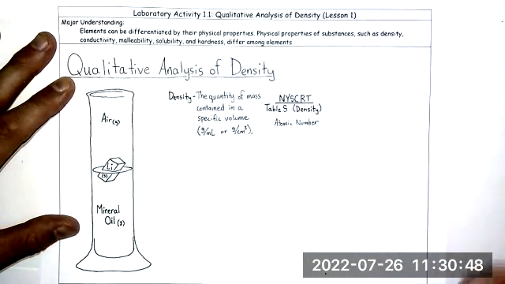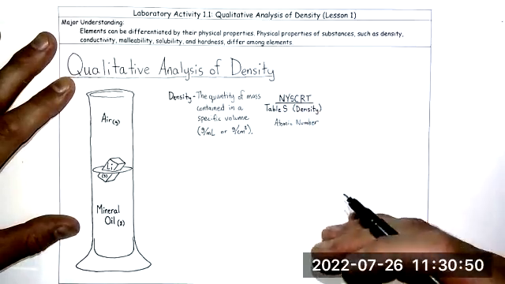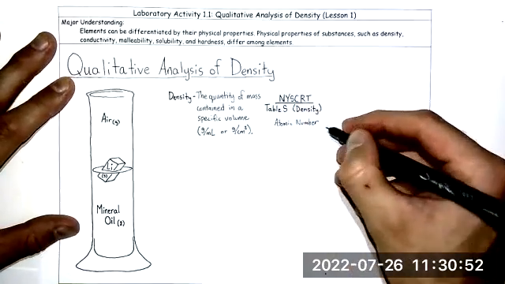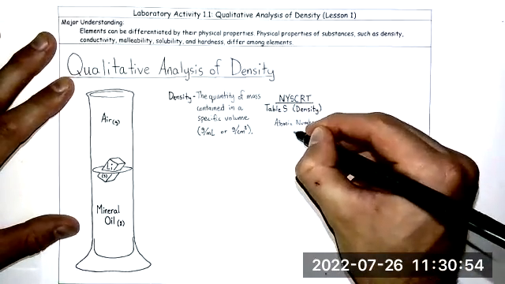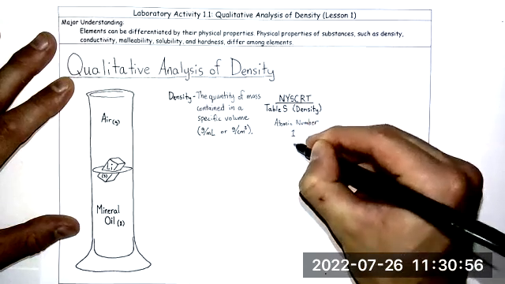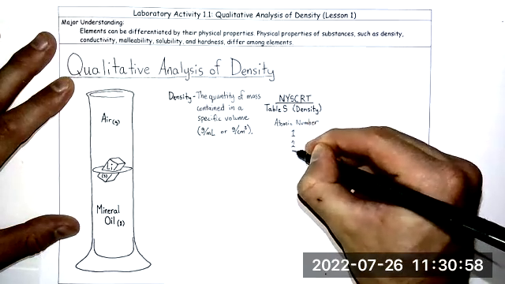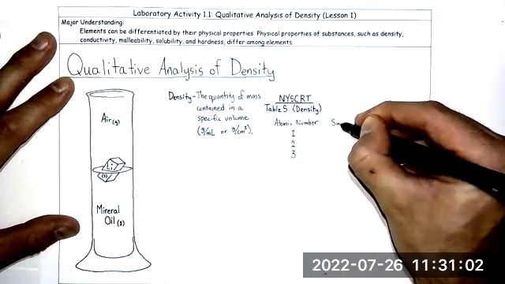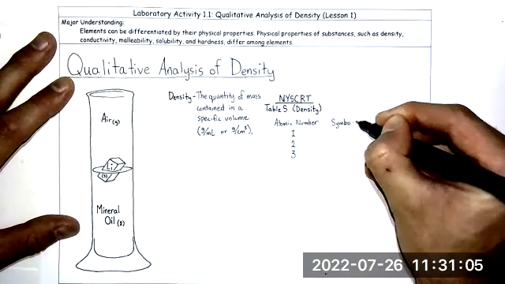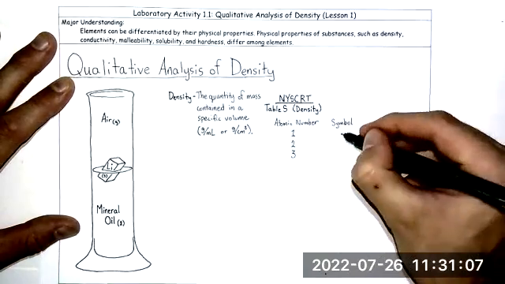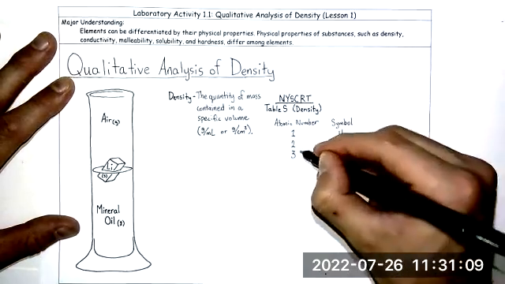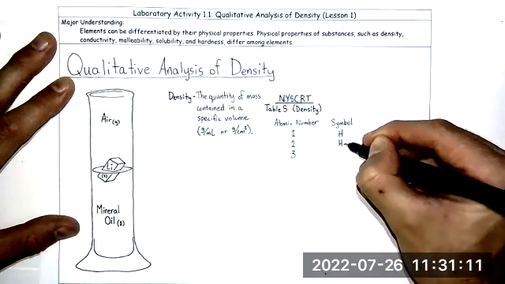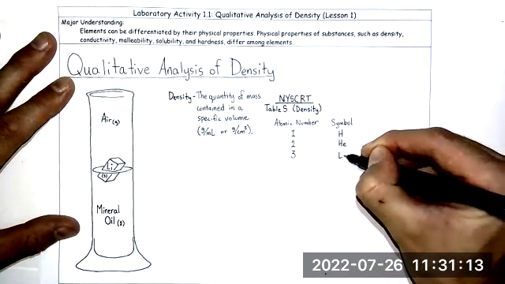Lithium is the third element down, so I'm just going to start off with the first 3 elements on table S: atomic number 1, atomic number 2, and atomic number 3. They also give you the symbol. The symbol for the element with atomic number 1 is hydrogen. Atomic number 2 would be helium, and then atomic number 3 would be lithium.